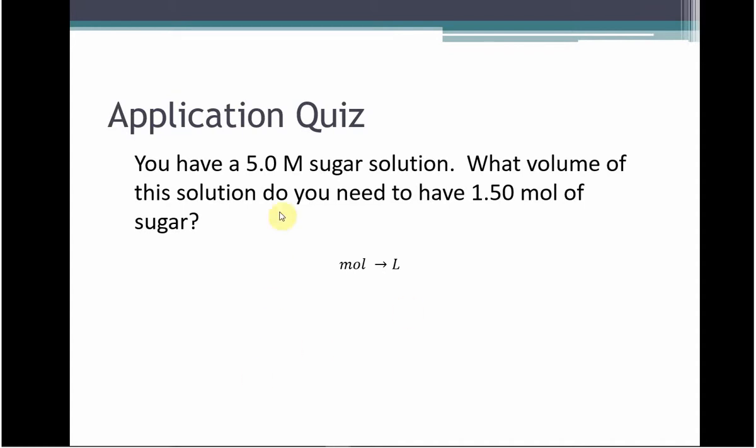The only conversion we have here is molarity. This is moles per liter, so it's going to be our conversion factor. Now, in order to do that, we're going to take those moles. To cancel it, this needs to go on the bottom. So 1.5 moles divided by 5 moles in 1 liter is going to give us 0.3 liters or 300 milliliters.